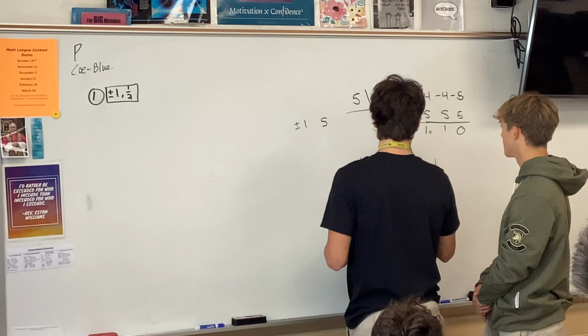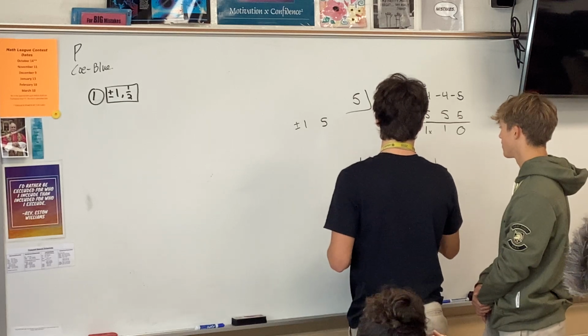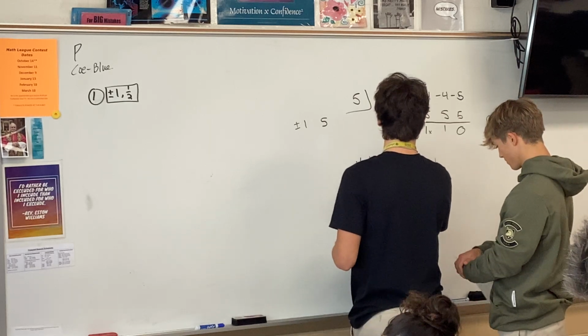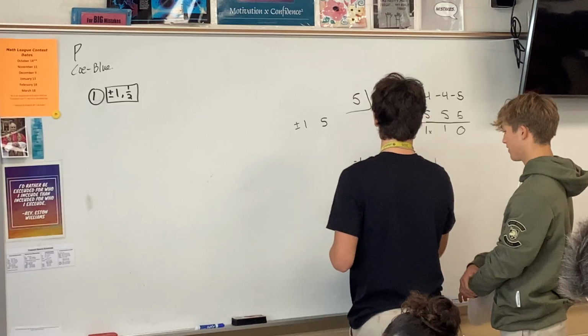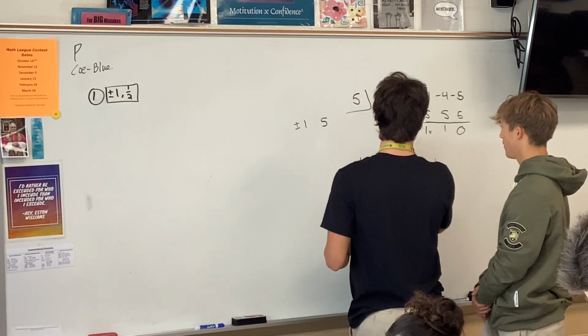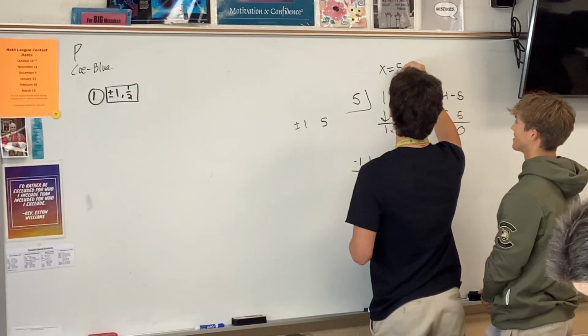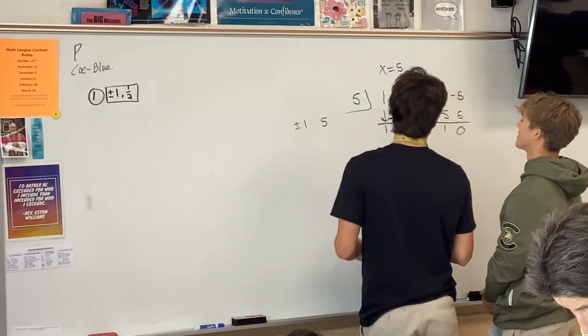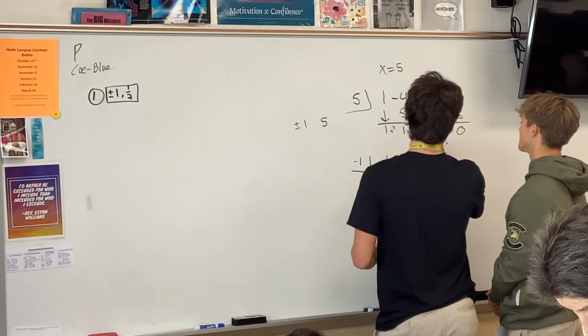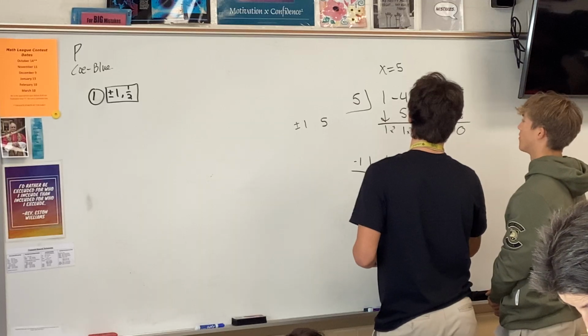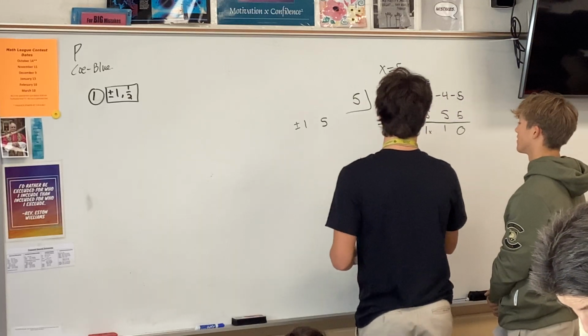Wait a minute, how did that happen? Can we just do x through x through x? You're taking x squared out of the first two. What do you take out of the second two?